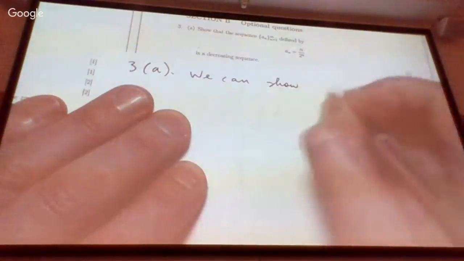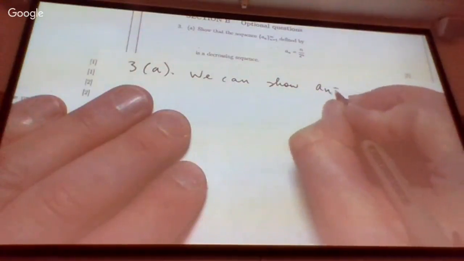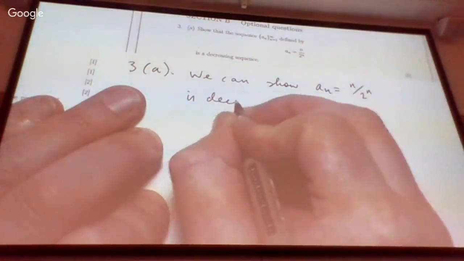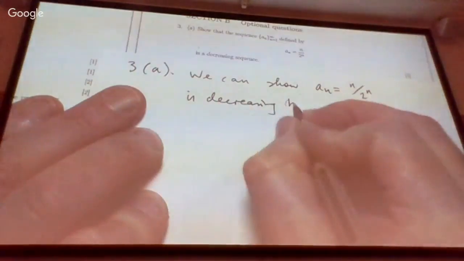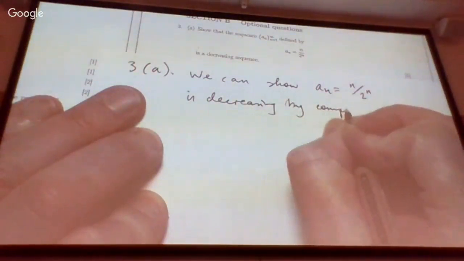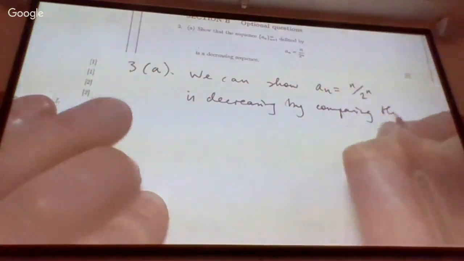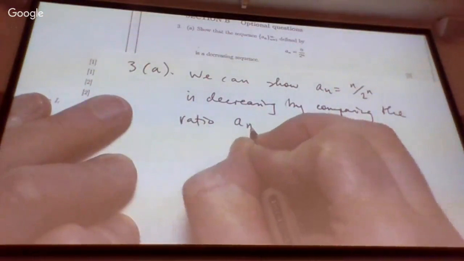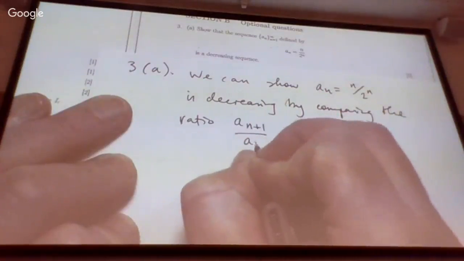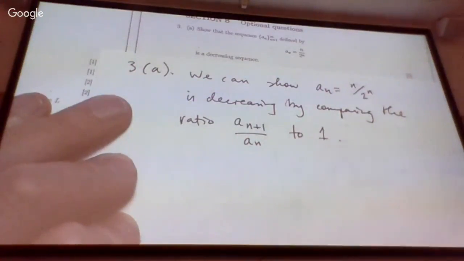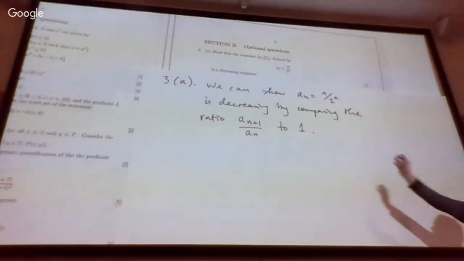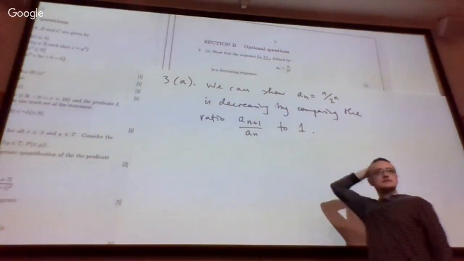So I would say we can show that an, which is n over 2 to the n, is decreasing by comparing the ratio an plus 1 over an to 1. By comparing it, I mean working out if this ratio is bigger than or less than 1.